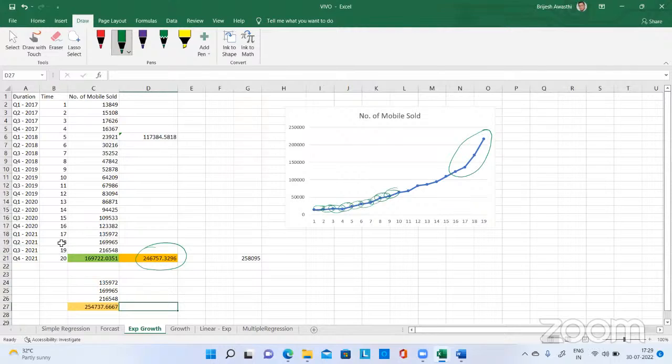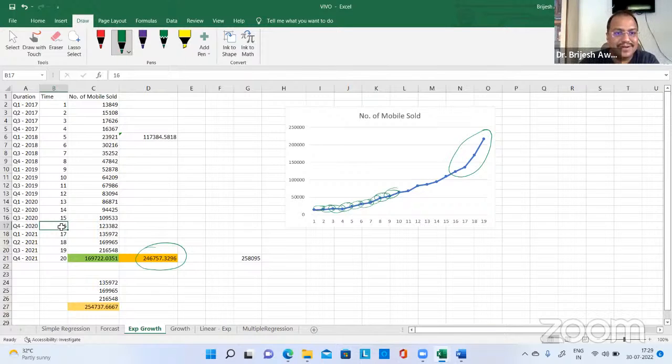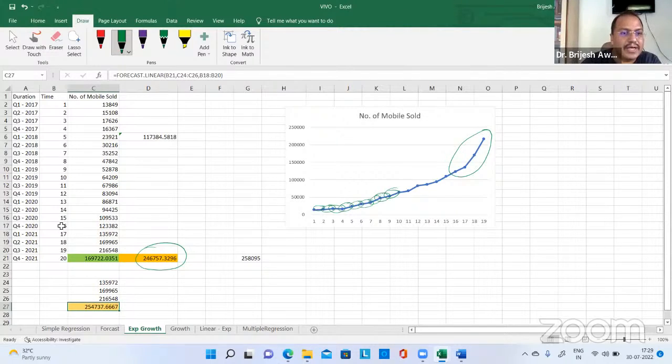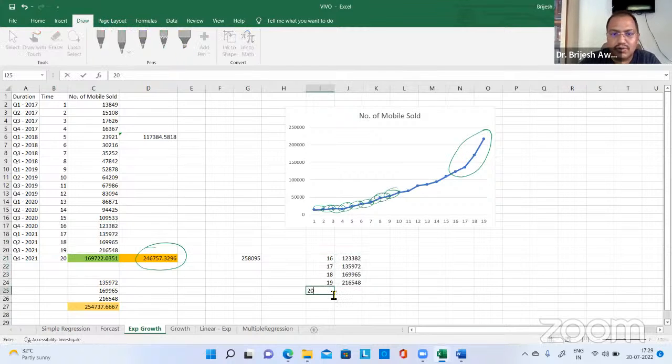It was 25,477.37. No, I'm talking about linear now. It was linear. I'm talking about growth. You just look here. I'm talking about these 4. Control C, Control V. This is 20.